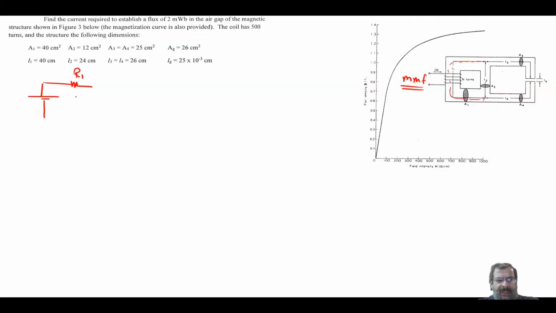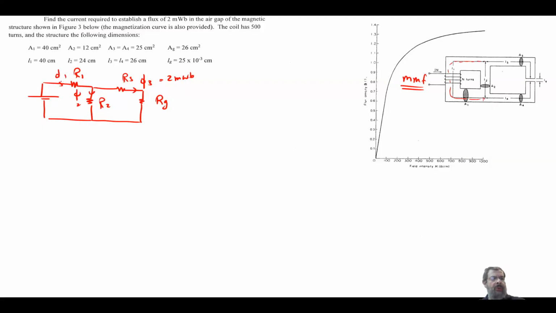This shunt element is reluctance 2. Then L3 and L4 is reluctance 3. We have an air gap, so we have another reluctance, RG. Here we have the flux phi 3 that we know, which is the 2 milliweber. There are fluxes phi 2 and phi 1 that we don't know. So this is your circuit.